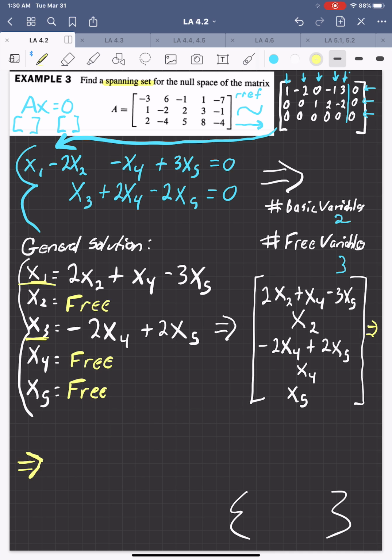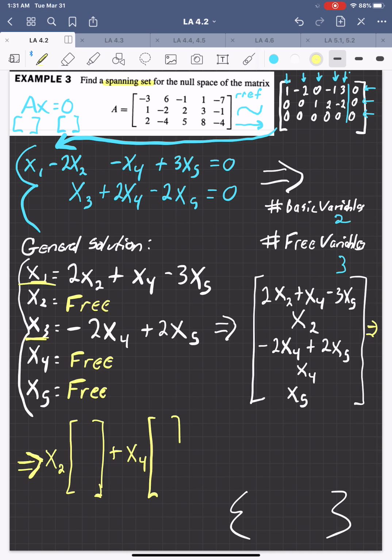So what I'm going to do is, you could think of it like we're setting up a linear combination. And remember that a linear combination is just a scalar multiplied by a vector, right? Or we should say the sum of scalars multiplied by vectors.